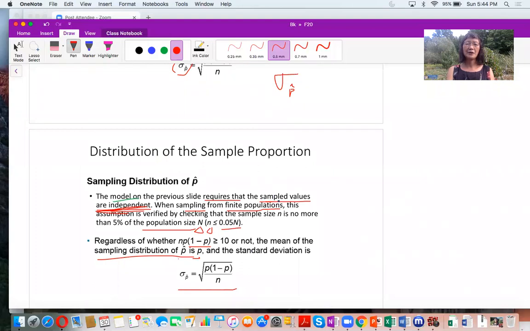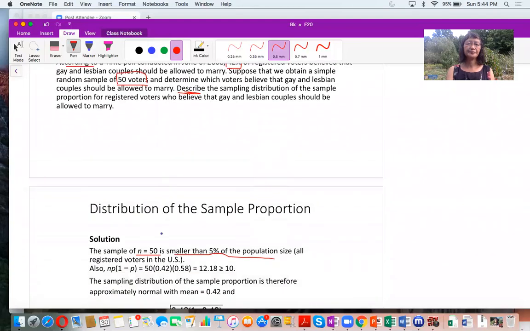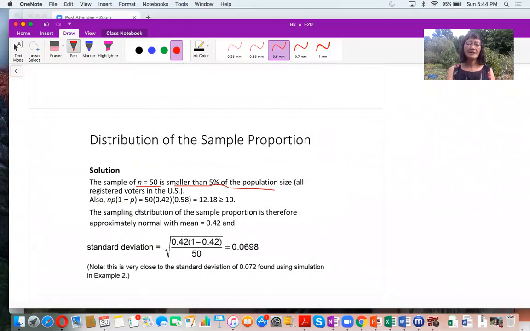Here, you need to make sure the sampled values are independent. And then you check this requirement, n times p times 1 minus p. So 50 times 0.42 times 0.58 is equal to 12.18, greater than 10. Why do you need to check this? To make sure it is normally distributed.